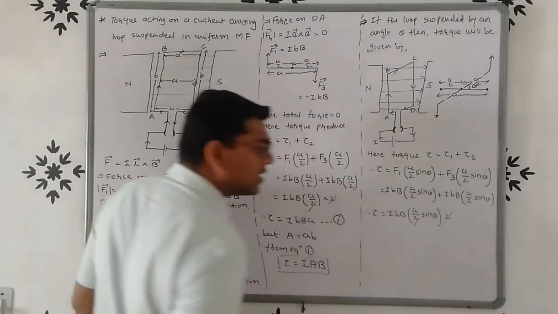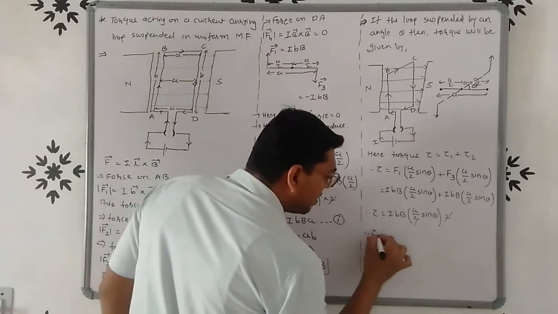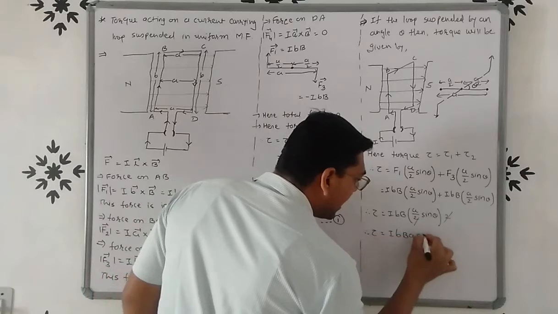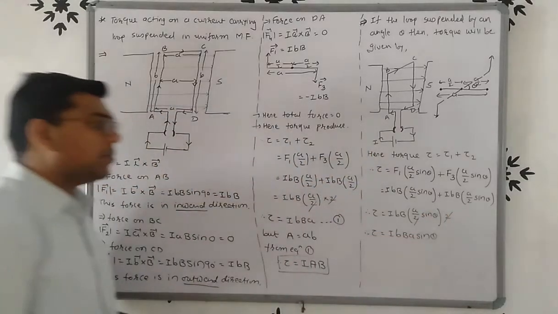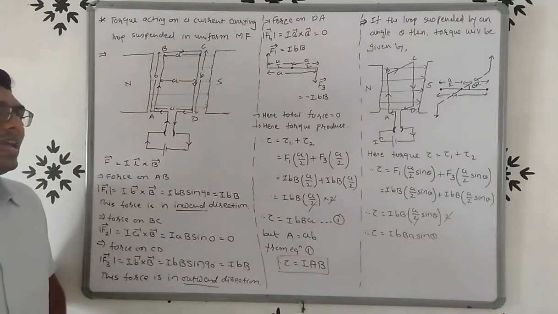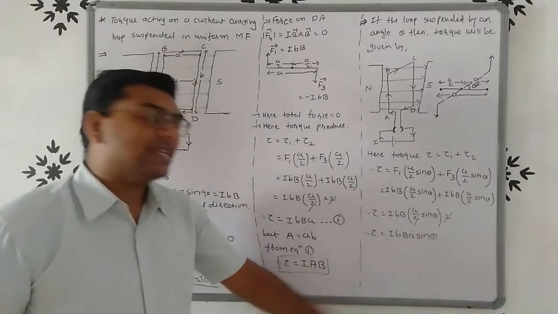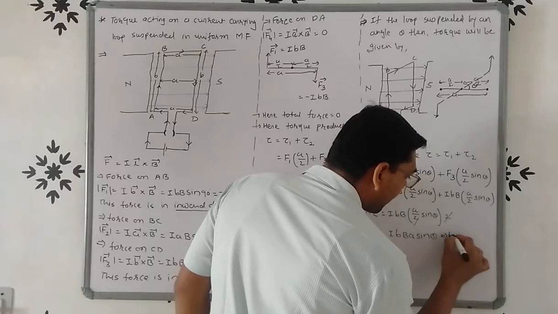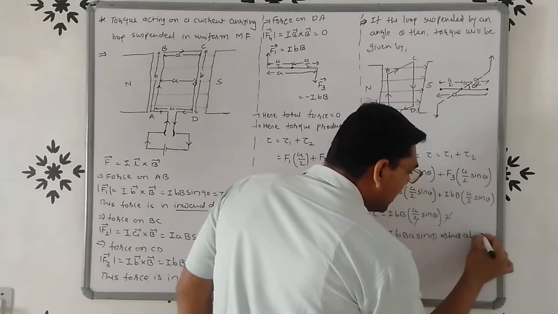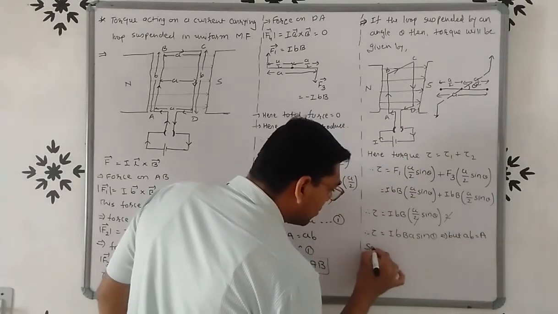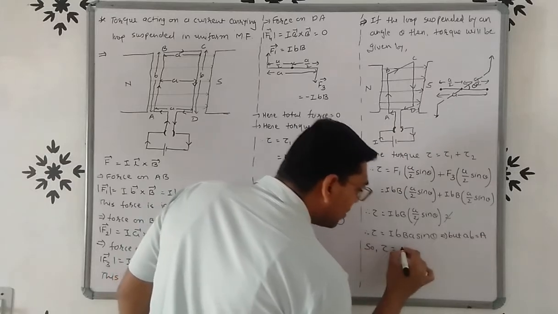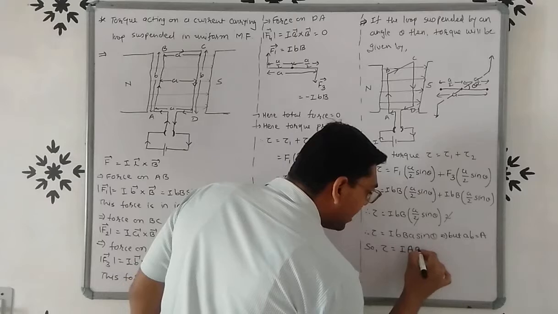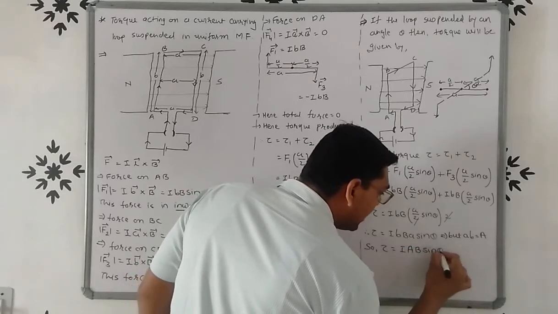So these two cancel, and the torque tau is equal to I b B a sin theta. But we know that small a into b is equal to capital A. So torque tau is equal to I into A into B sin theta.